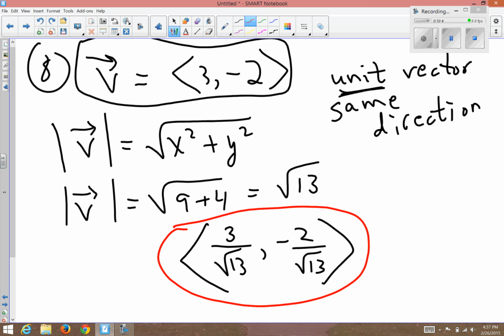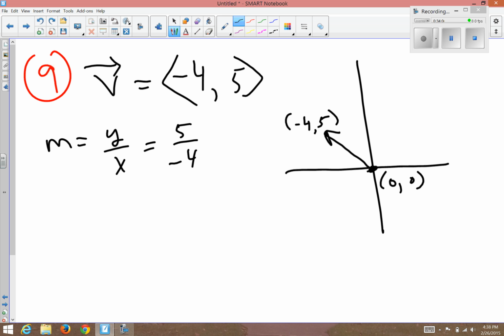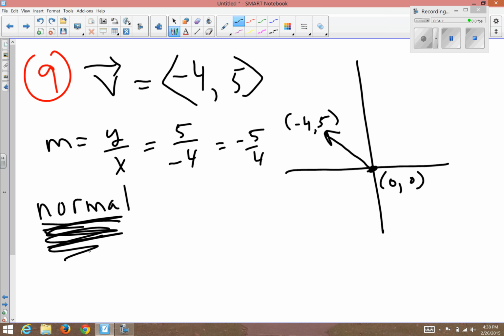The change in y is going to be 5 minus 0, in other words, just y, over the change in x, which will be -4 minus 0. In other words, it's just the x. So the slope of this vector is -5/4. A vector that's normal, normal means perpendicular.